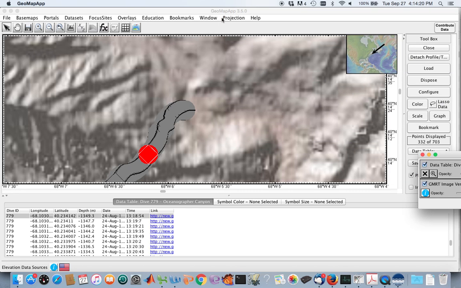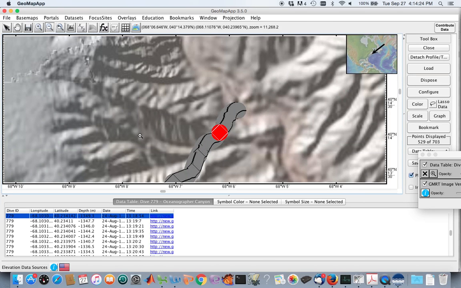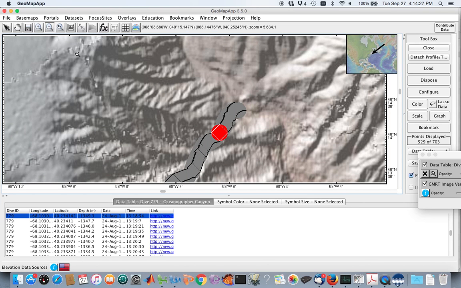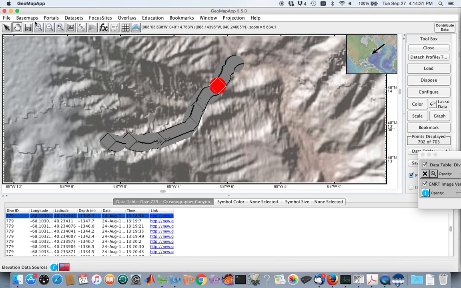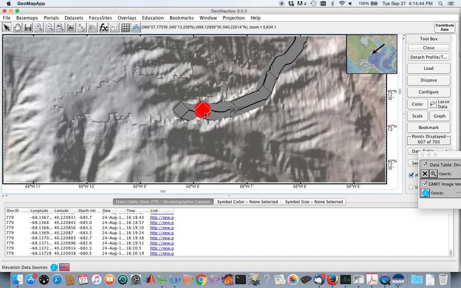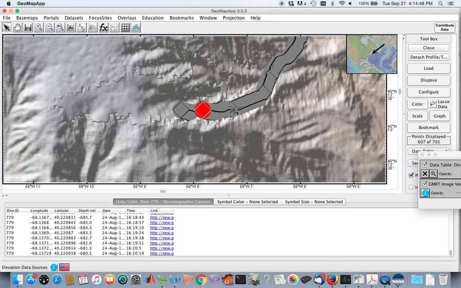Okay. So let's look at a different one. Actually, one second. Let's look at this far end. Let's see what this looks like. Are they going to come up now? Did I lose them?